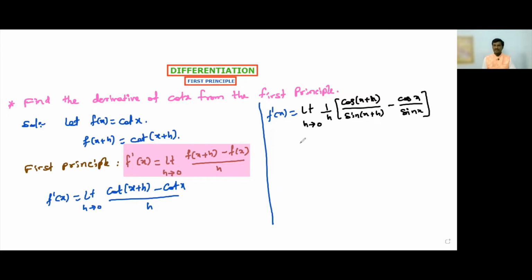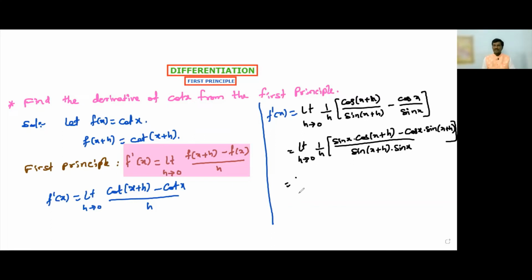Now this is equal to limit h tends to 0, 1 by h into, taking LCM, sine x into cos of x plus h minus cos x into sine of x plus h, divided by sine of x plus h into sine x.